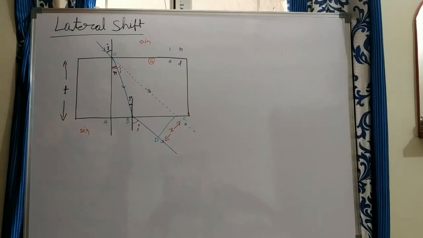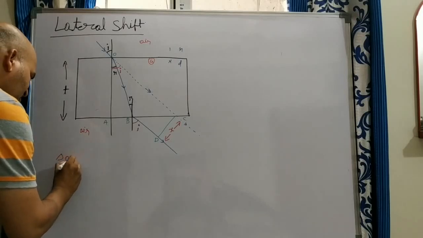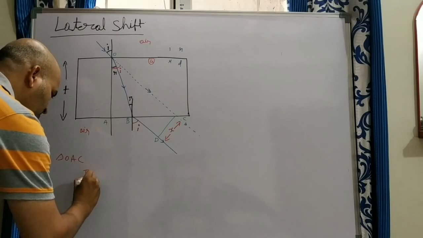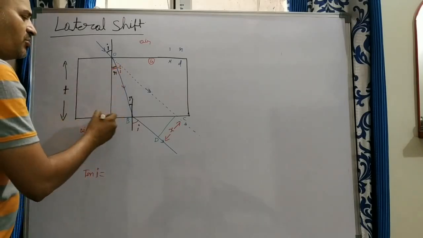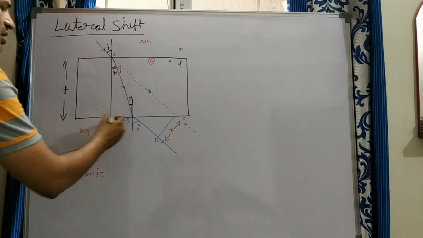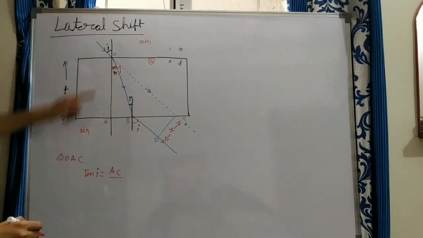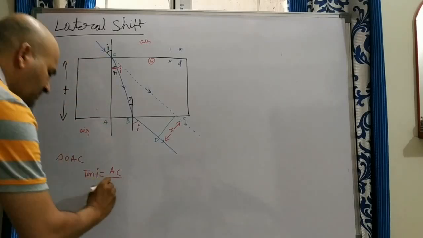To calculate that, first assume a bigger right angle triangle, OAC. Using triangle OAC, we can write tan I is equal to opposite by adjacent. Opposite is AC, adjacent is OA, and OA is nothing but T, the thickness of the slab.